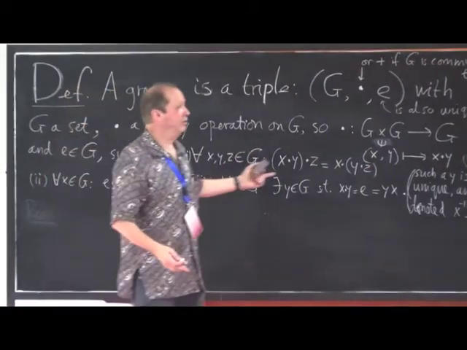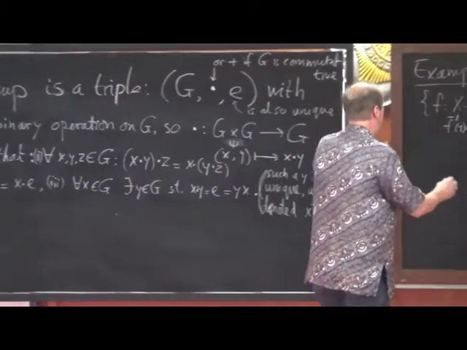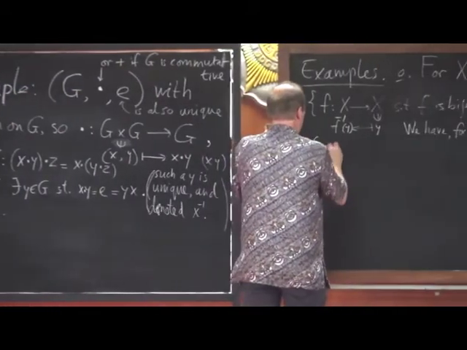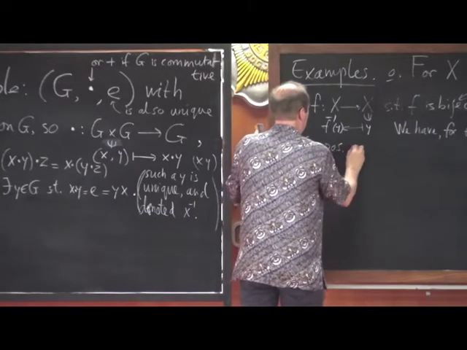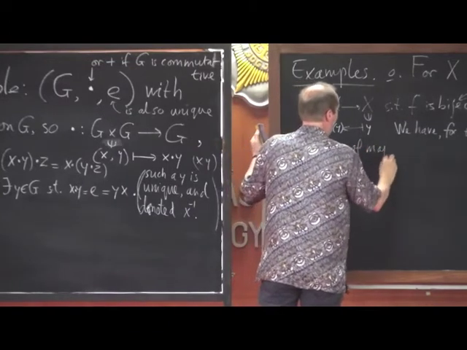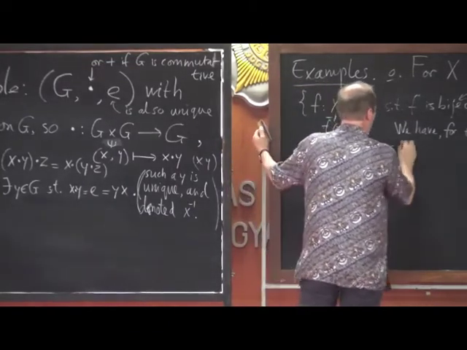Well, the associativity: composition of maps between sets is associative.